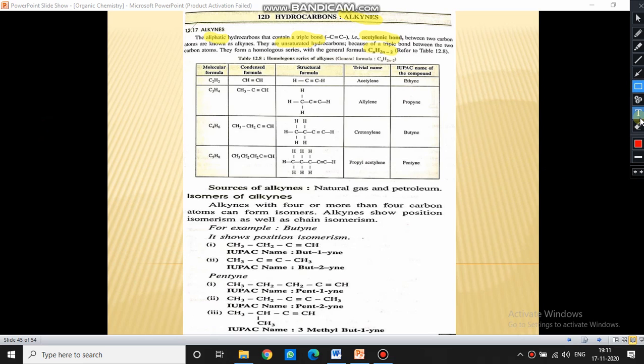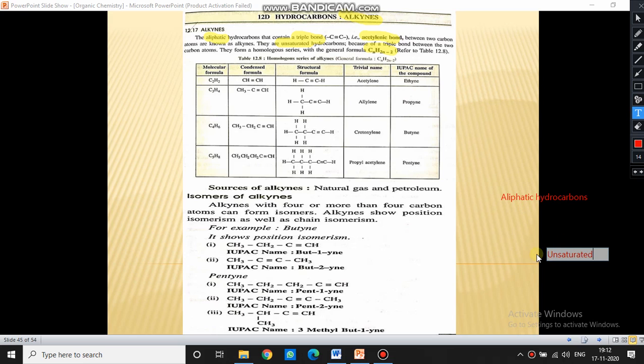You should basically know that alkynes are aliphatic hydrocarbons, and the second thing is that they are unsaturated hydrocarbons. I am writing the keywords which you should include in your definition.